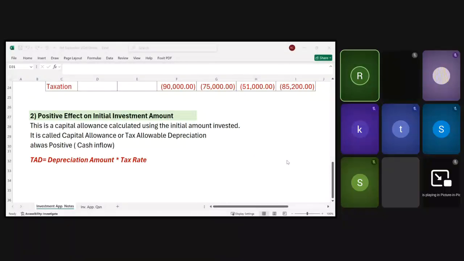In order for us to understand this better, let us have a simple example so that we can calculate TAD together.